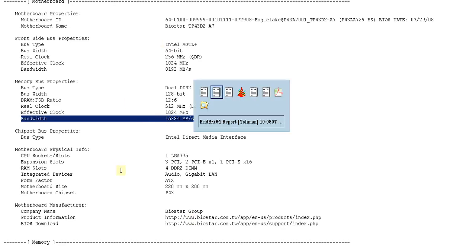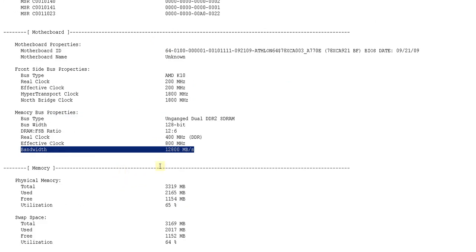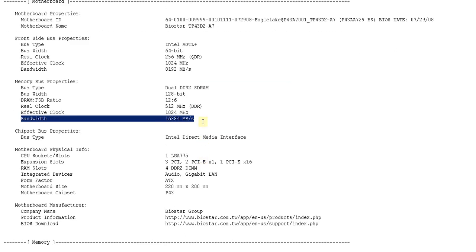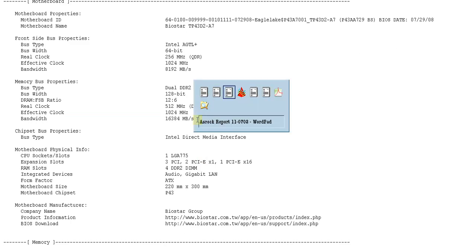And we'll go back here to look at the Tolman. Even though you got probably a better RAM scheme on it, you have a very nominal desktop here. Okay, let me see what else I was going to show you.